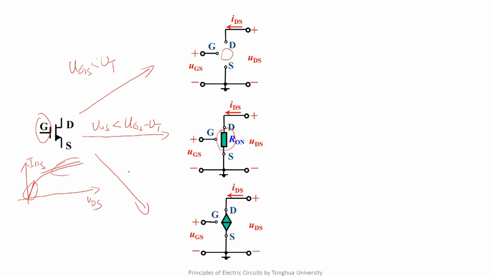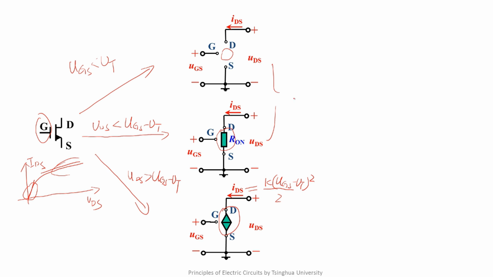That is to say, if UDS is greater than UGS minus UT, it can be seen as a voltage-controlled current source between D and S. This controlled quantity, IDS, equals K times UGS minus UT squared over 2. Now, you can find that it is a nonlinear voltage-controlled current source.